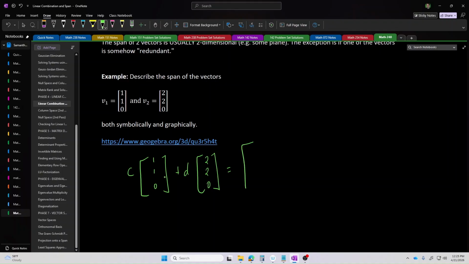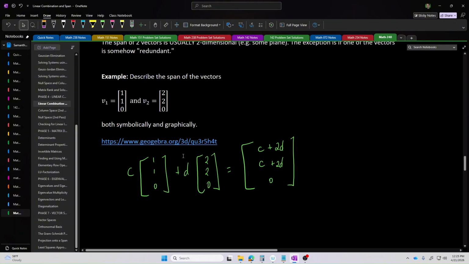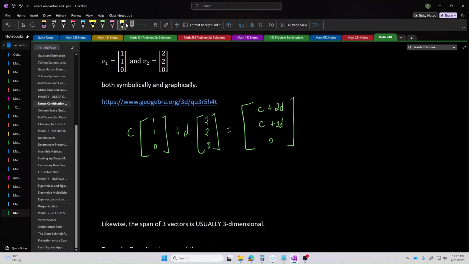If I combine those, I get c times 1 plus 2d, c times 1 plus 2d, and 0. So this result has two very interesting properties. The first property that I notice in this result is that the z component is always equal to 0. So that suggests that all these vectors must live inside the xy plane in three-dimensional space.